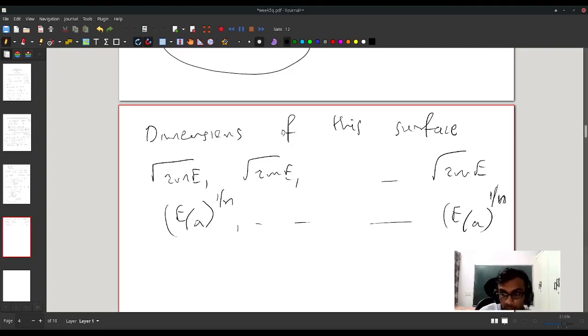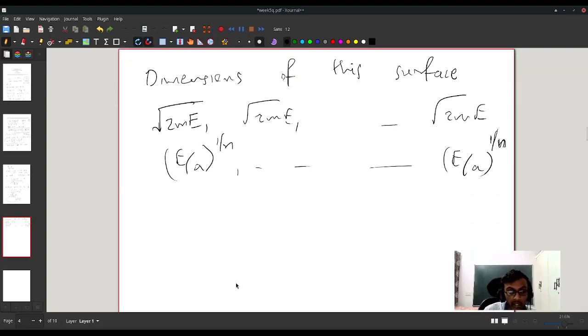Like we discussed, this is a 2n dimensional region, and we have some rough idea about the dimension of this surface in these 2n directions. So in n of these directions, its dimension or length is proportional to square root E, and in the other n directions its length is proportional to E raised to this exponent 1 over n.